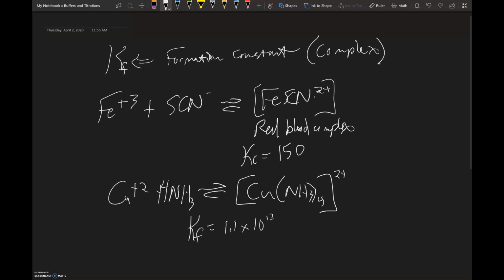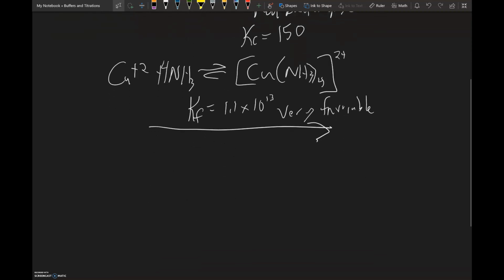So you can see that the formation constant is fairly large, and so it's going to be lying far to the right of the equilibrium. These complexes are very favorable in forming, and so they're more likely to form than a precipitate.